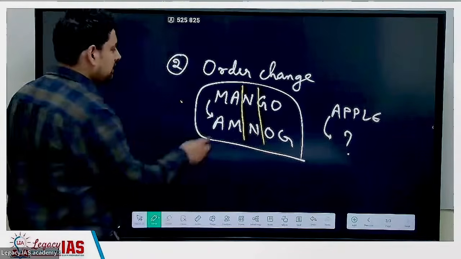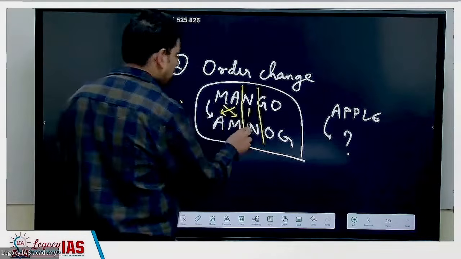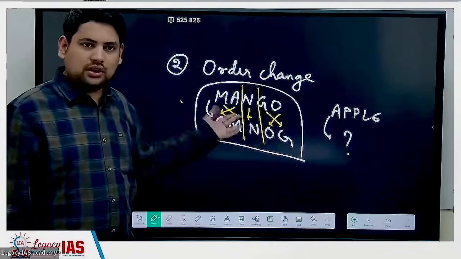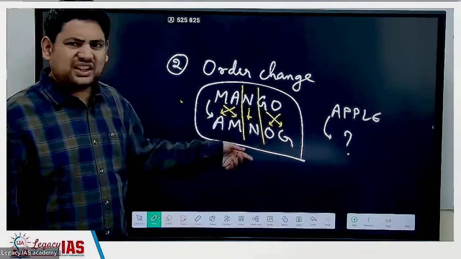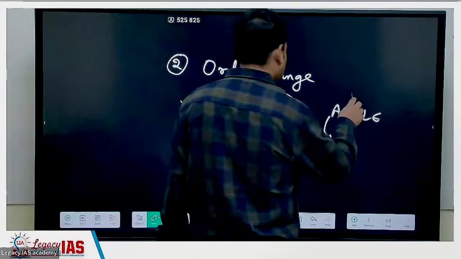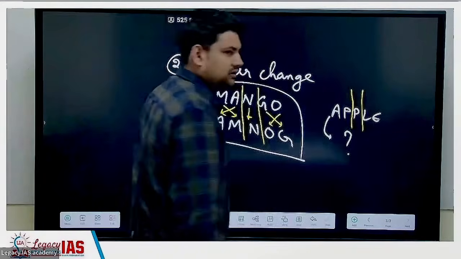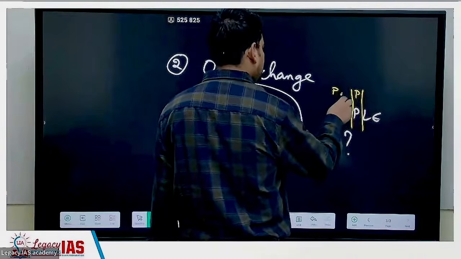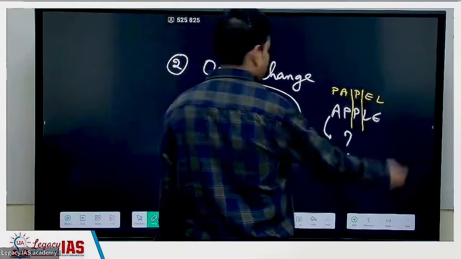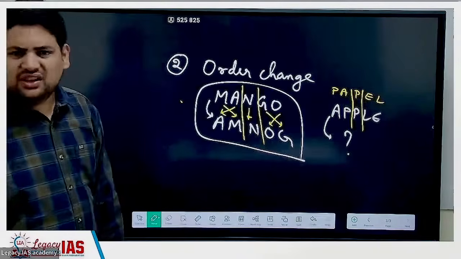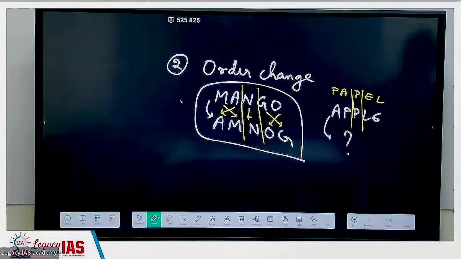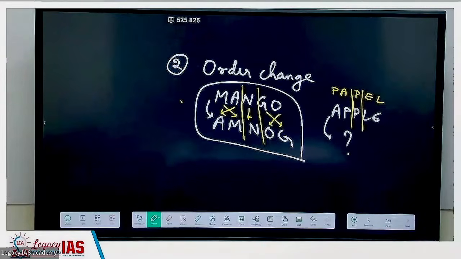The pattern is something like this. A is written here, M is written here, N is written here, O and G. That means these two and these two are getting interchanged. This one is getting written the same way. So you do the same thing here also. P would be written like P. This would be interchanged. So P A and this will be E L. Understood? Simple. This is what we do in order change, which means the letters and the word are the same, it's just jumbled up.